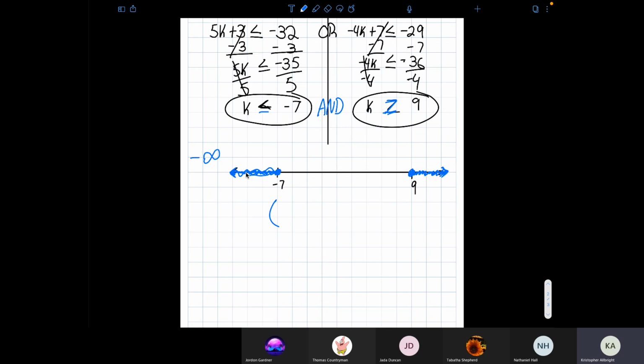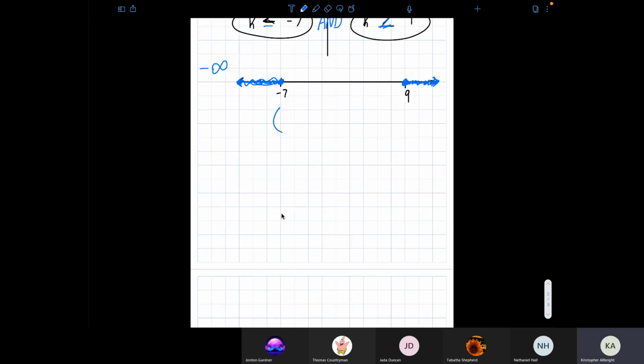So we put negative infinity, and we put a comma. We say, okay, negative 7, because that is our rightmost point of that part of the graph. And we put a bracket, because brackets go with closed circles. Brackets, greater than or equal to, less than or equal to, they all go together.